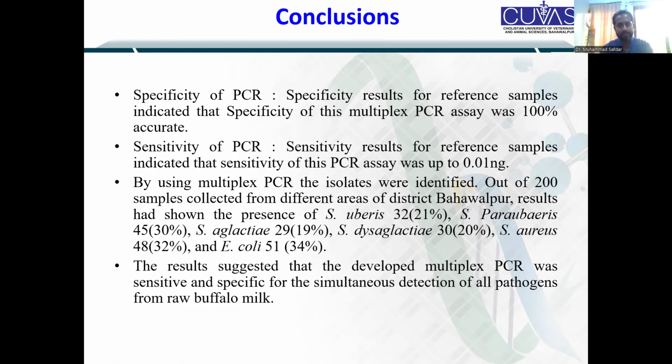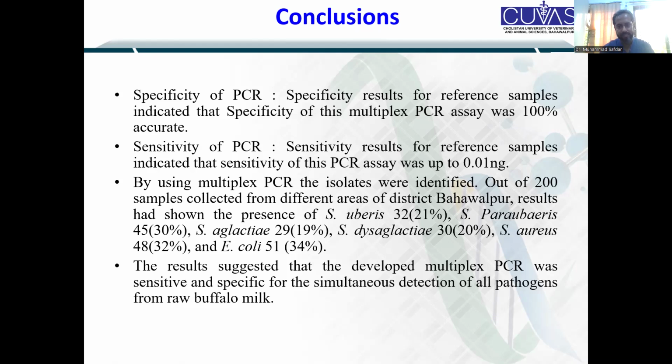By using this multiplex PCR, the isolates were identified, and out of 200 samples collected from different areas of the district, results showed the presence of different bacteria with the percentages shown in this slide.